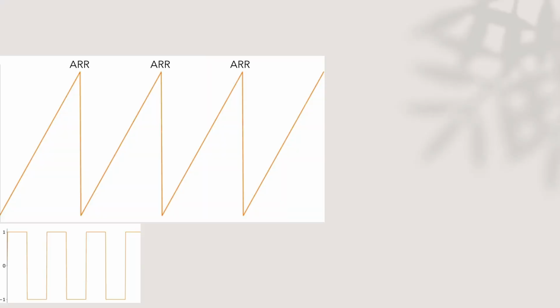So here you have our sawtooth signal representing our timer, and this is the signal that we are trying to capture. Then we have our signal going from 0 to auto reload register and then resets every time. The frequency of a timer is the clock of the microcontroller divided by the prescaler times auto reload register plus 1.